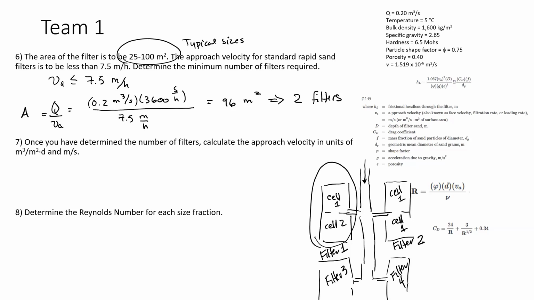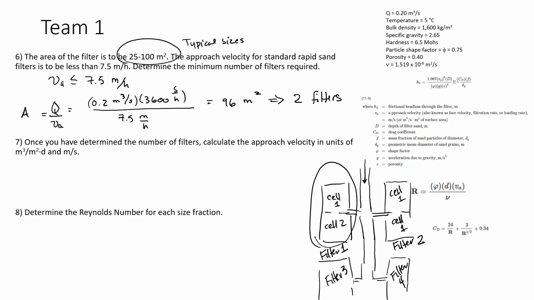So if the required amount was, say, 50 instead of 96, the answer would still be 2, because you could use 2 filters of 25 meters squared for a total of 50. Does that make sense?